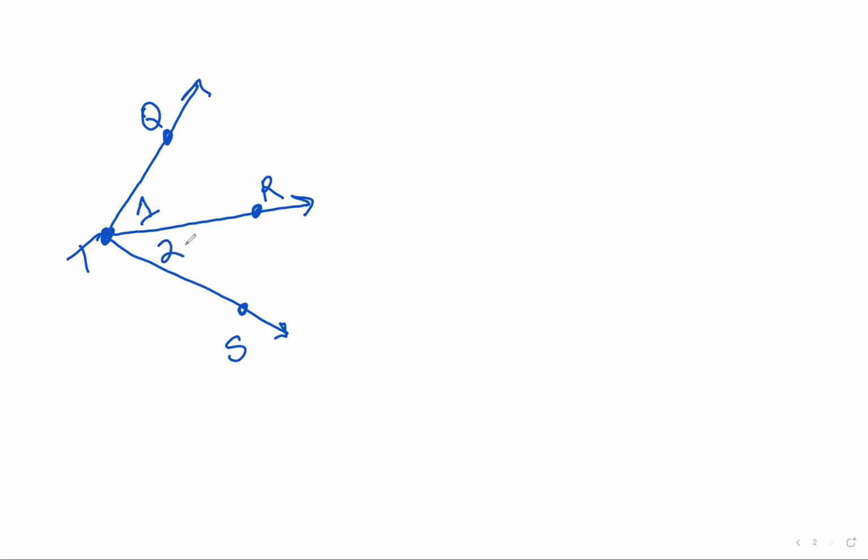We often do name angles in a picture using a number. So angle 1 can also be named using 3 letters, 1 point on each side of the angle. If I look at angle 1, it is created by 2 rays, ray TQ and ray TR.